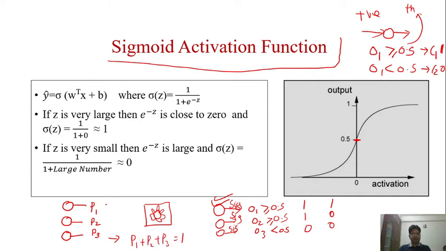So if P1 becomes 0.5, then obviously P2 and P3 will be less than 0.5. That will ensure that only one class is high, and all remaining classes are 0. Right? So how will we make a function so that it behaves like this?